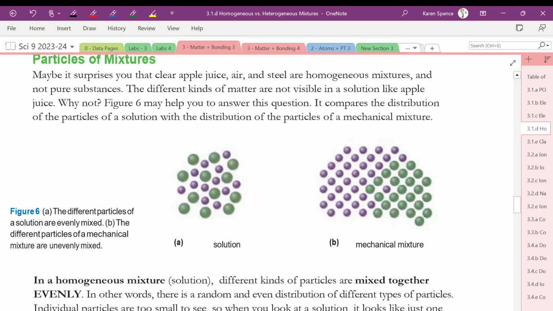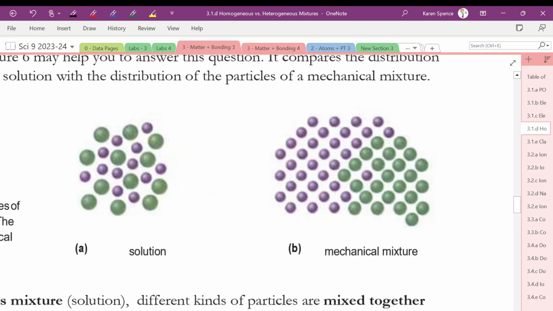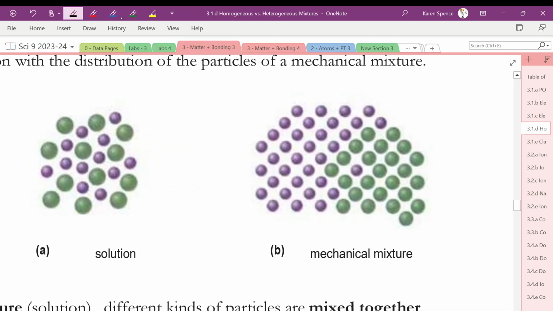Now let's take a look at this little picture here, because now we're going to look at the particle level. Okay, and I'm going to, the purple ones I'm going to circle in black because they're kind of hard to see the difference sometimes.